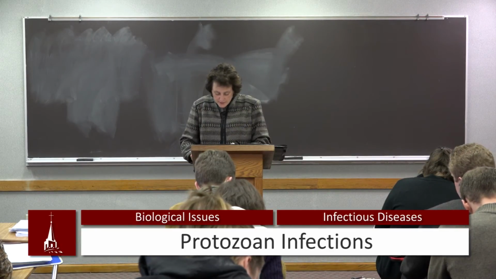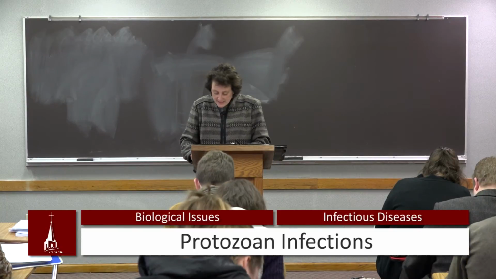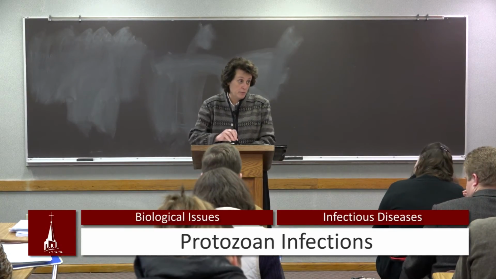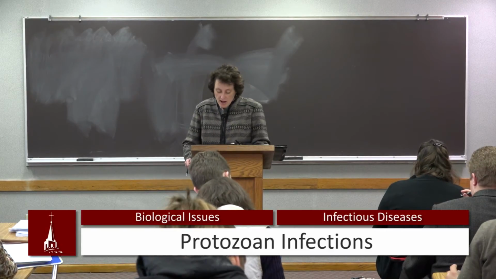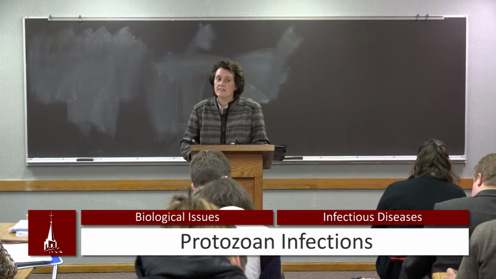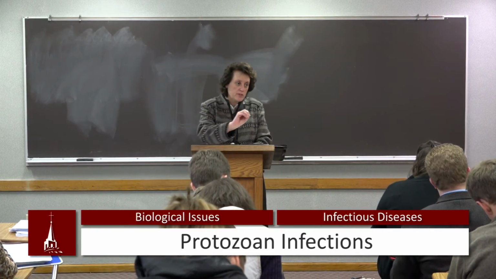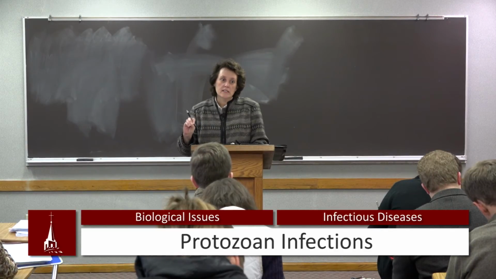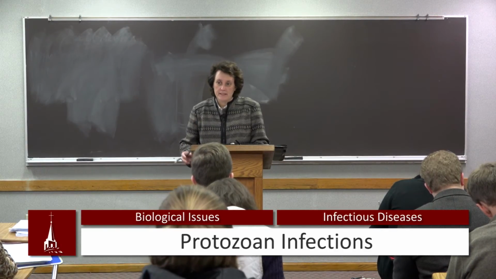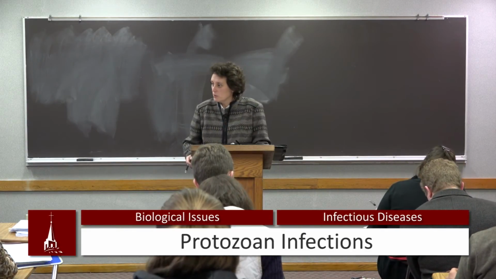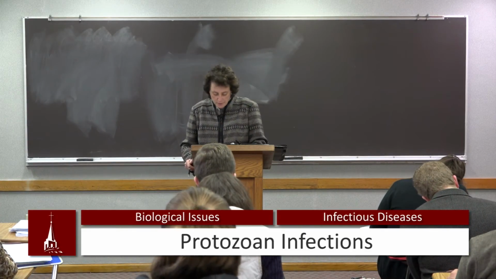So protozoans are more complex, single-celled, and animal-like. I'm calling them animal-like because of their ability to move about. They are primarily bloodborne, requiring the bite of an insect. That insect, which spreads the protozoan from animal to animal or animal to human, is called a vector. It carries the organism and then injects it. Most of these are bloodborne, some foodborne.